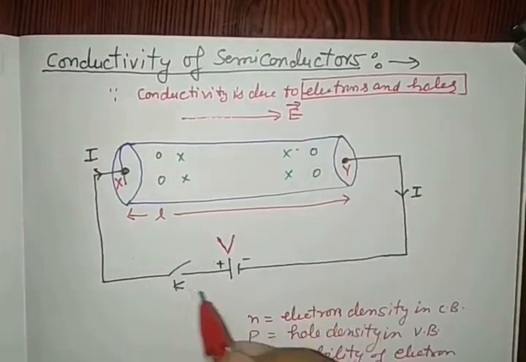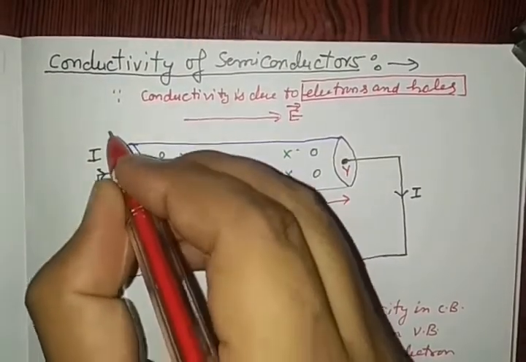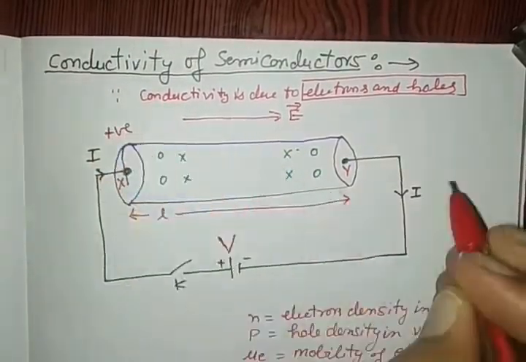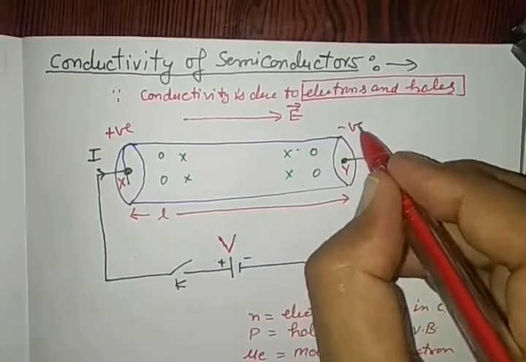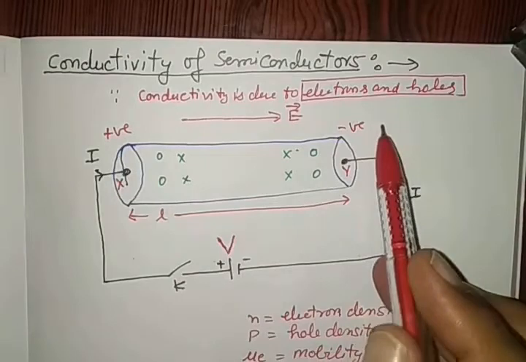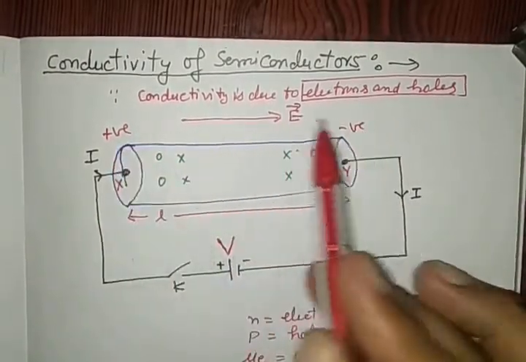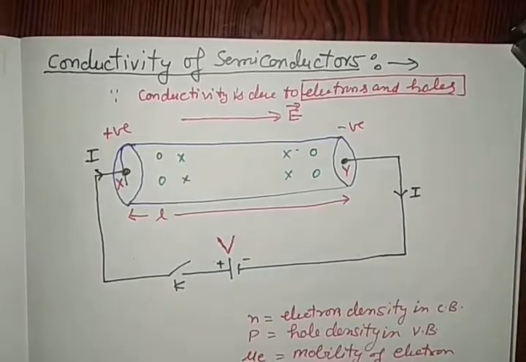When the key is pressed, at end X a positive potential is set up and at Y a negative potential. Due to this potential difference, the electric field is from positive to negative, according to the diagram.